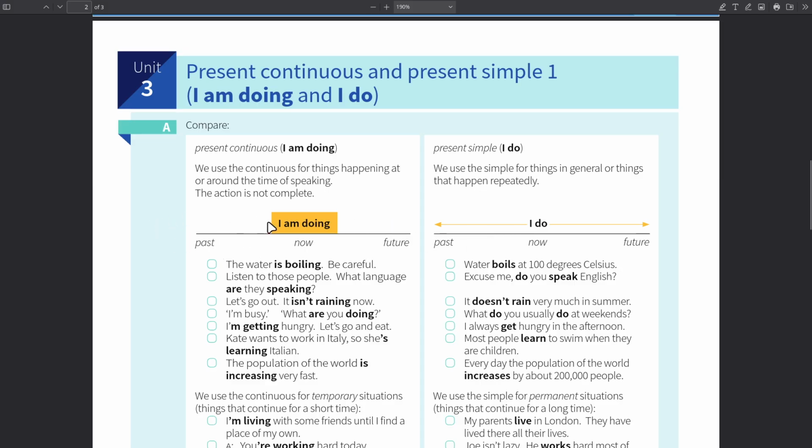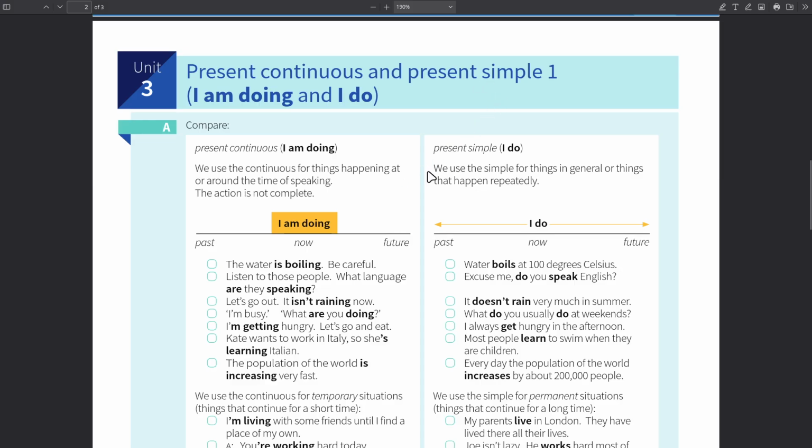This is the past, this is the future, right? And this is now. This is the present, right? We use present continuous in order to describe activities, or something that's happening right now, an action that we are doing right now in the present. Okay, that's where we can use present continuous.